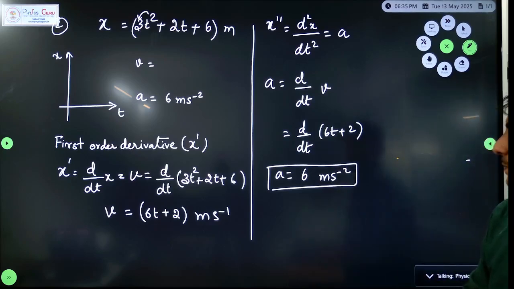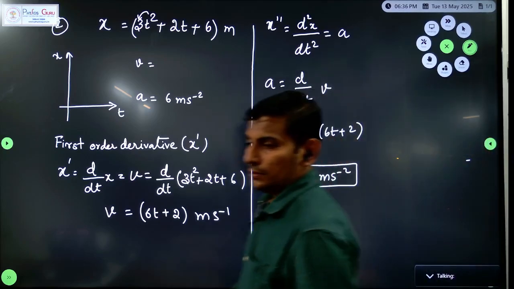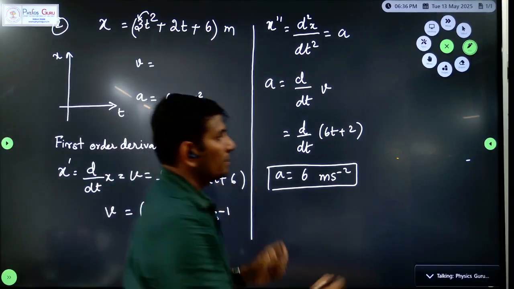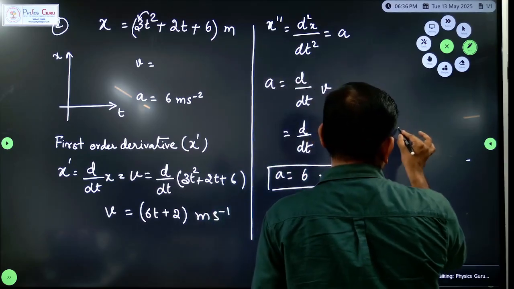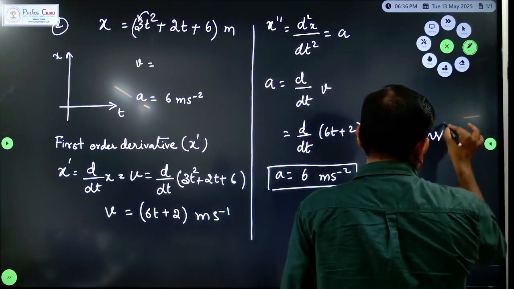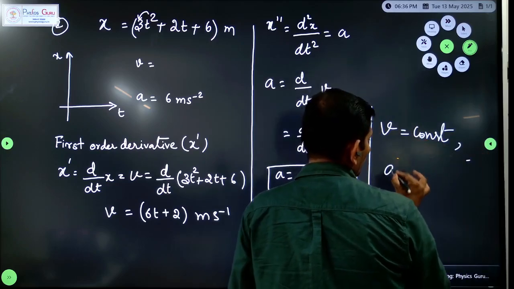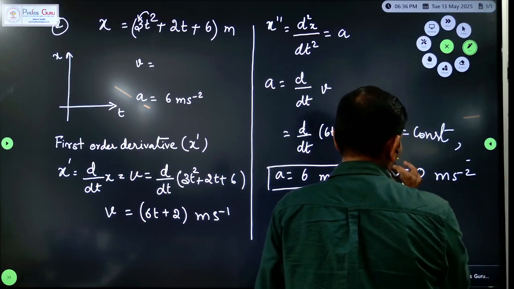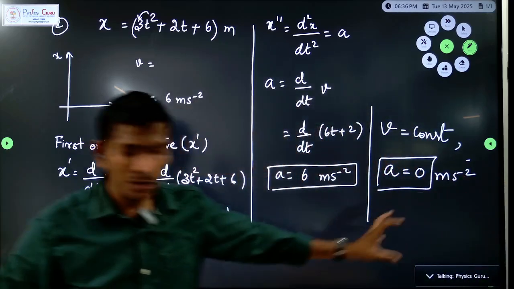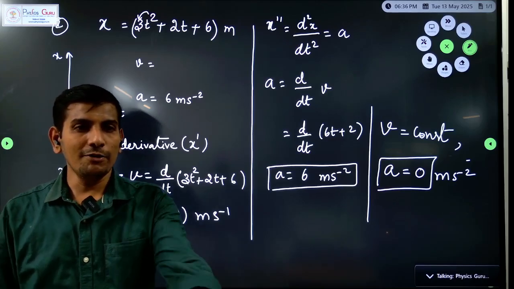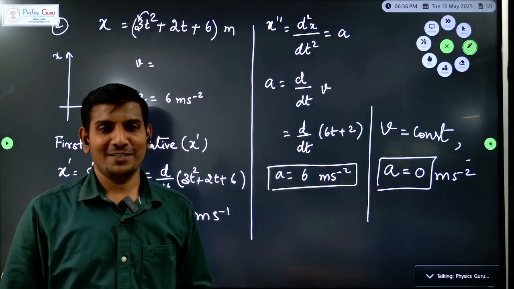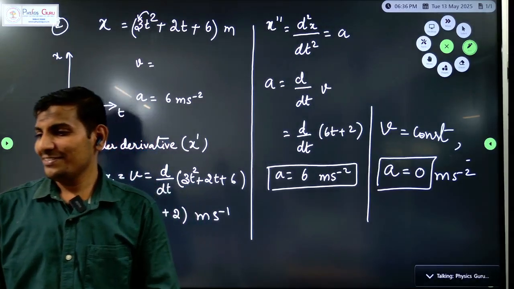So see here, when you say that velocity is constant, naturally acceleration turns out to be 0 meter per second square. What does this indicate intuitively? Of course, it is a uniform motion, I described it already.